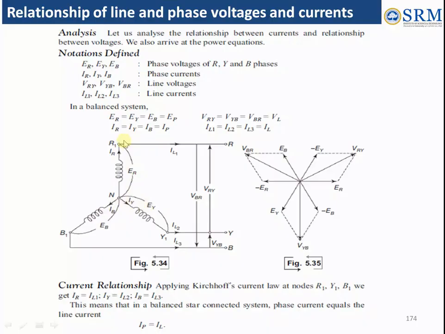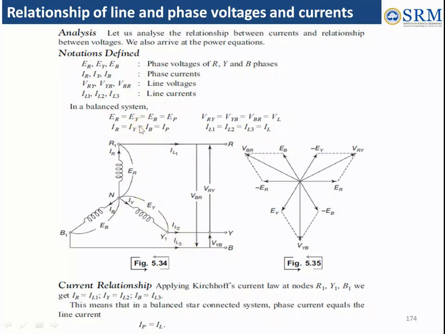The line voltages across the free ends are VRY, then across these free ends VYB, and from the first and the last one it is VRB. And the line currents flowing in the free ends are IL1, IL2 and IL3.